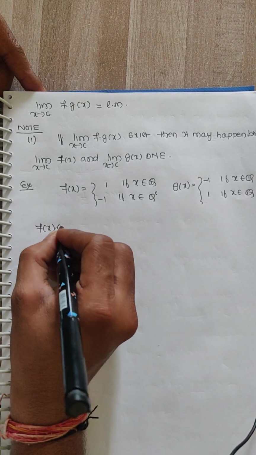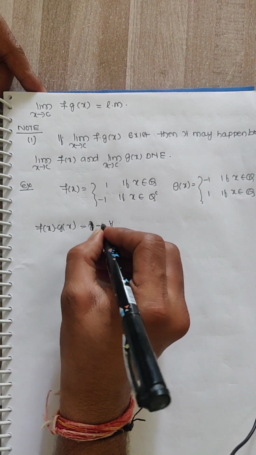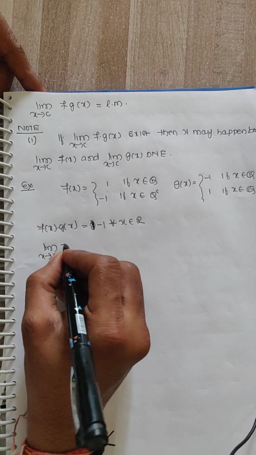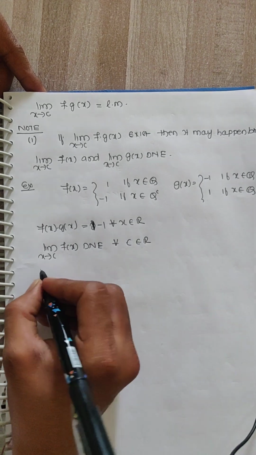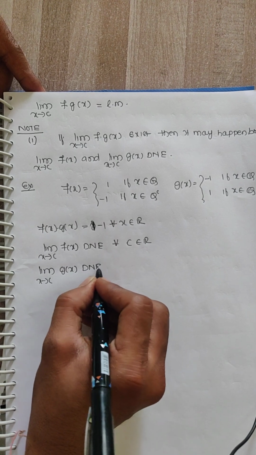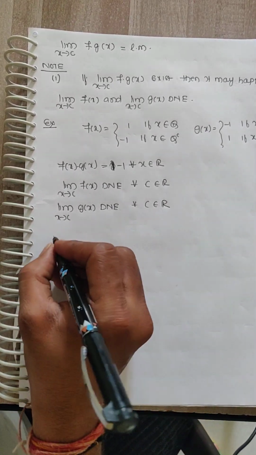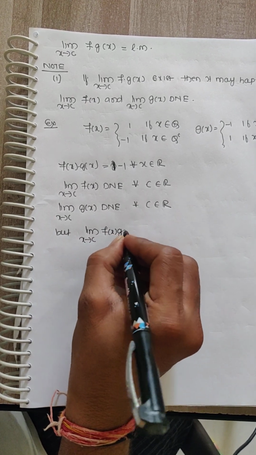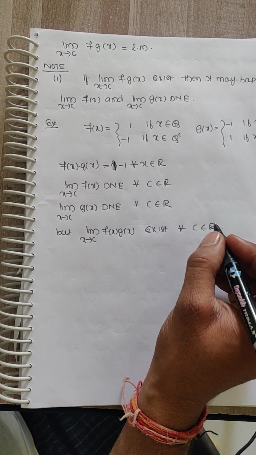Then f(x) into g(x) is minus 1 for all x belonging to R. The limit as x tends to c of f(x) does not exist for all c belonging to R, and similarly the limit of g(x) does not exist for all c belonging to R. But the limit as x tends to c of f(x) into g(x) exists for all c belonging to R.